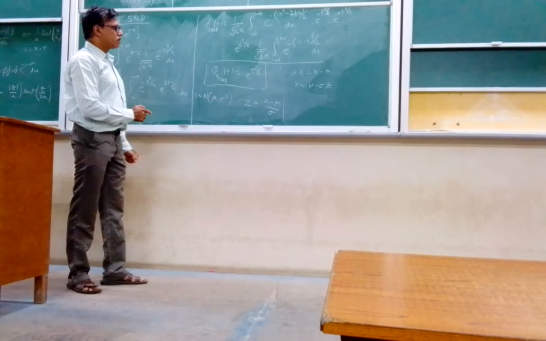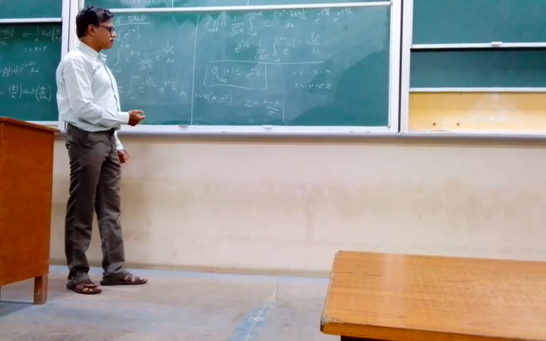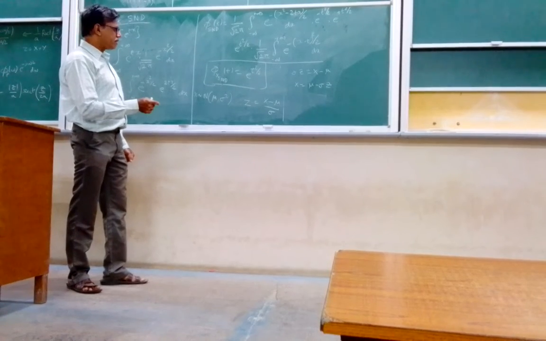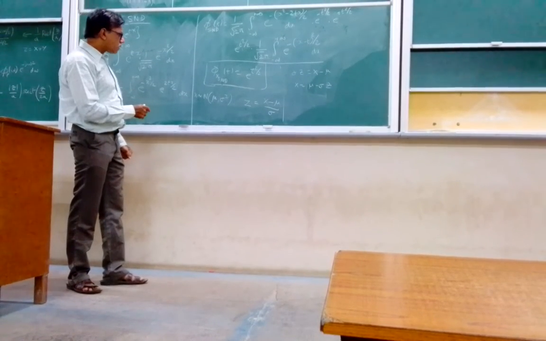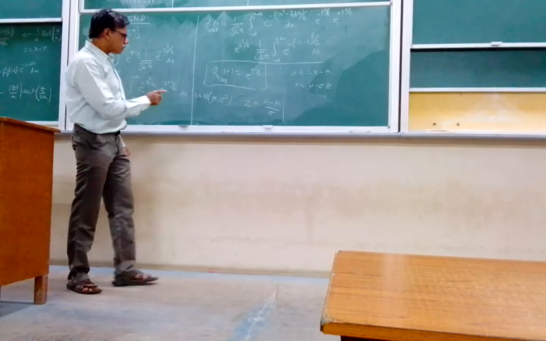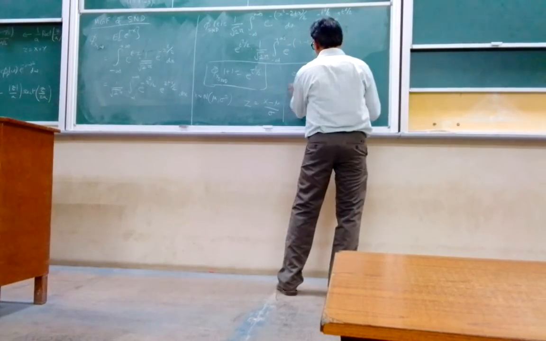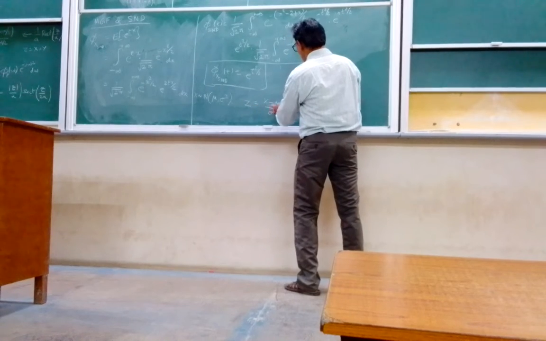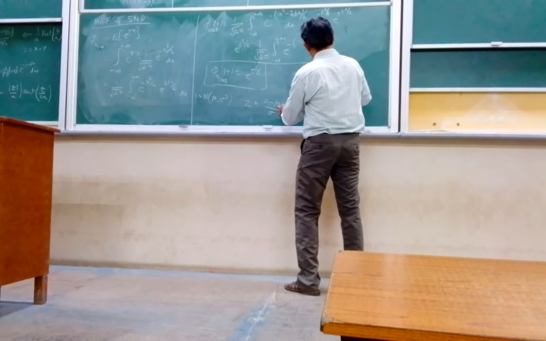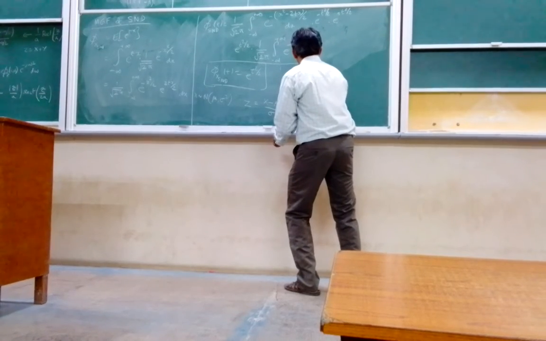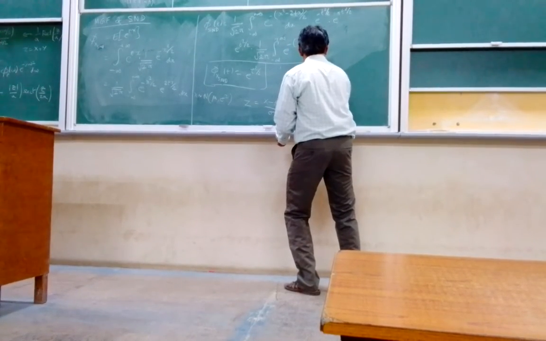So what it means is, we have a standard normal variable. Mu plus sigma z is equal to x.